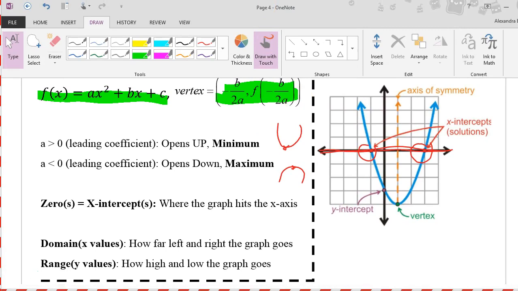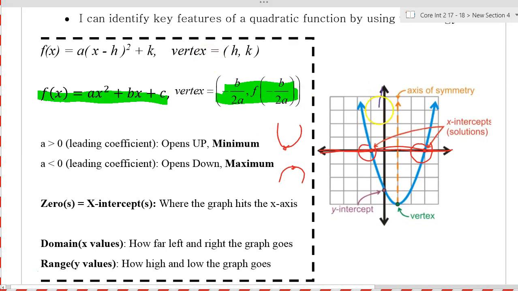We will also talk sometimes about the y-intercept, right? Where it hits the y-axis. And then domain are your x values, how far left and right the graph goes. So if I look here, my graph is going forever this way and forever this way.